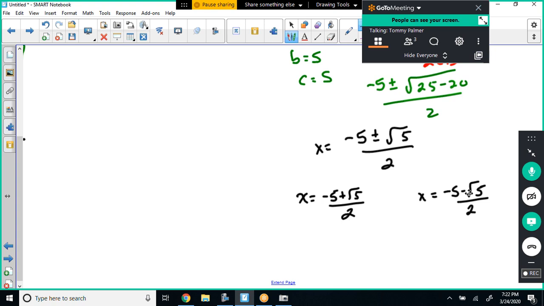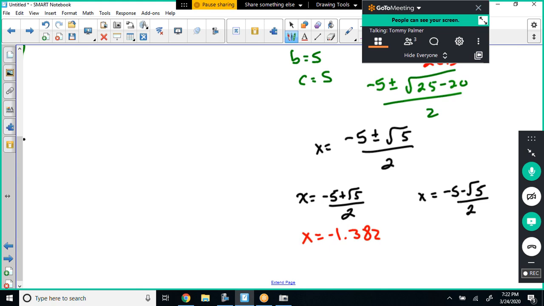Square root of 5, and then dividing by 2. And I get x equals -1.382.